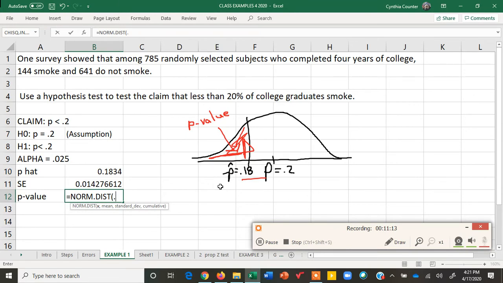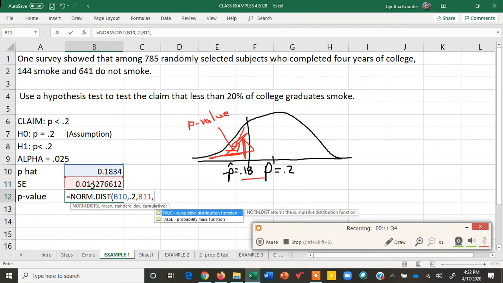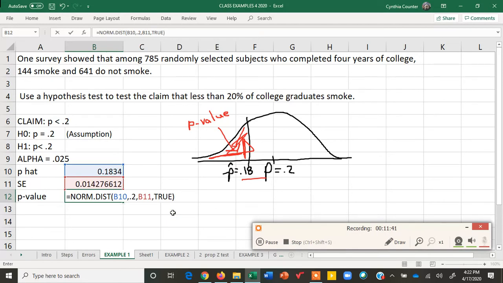It's better to click on what we've already computed, comma. The mean is our assumption from the null hypothesis, so that's 0.2, comma. Standard deviation is the standard error, so I'll click on that. And when we are finding probabilities, cumulative is always true for norm dist. So we get a p-value of 0.123.